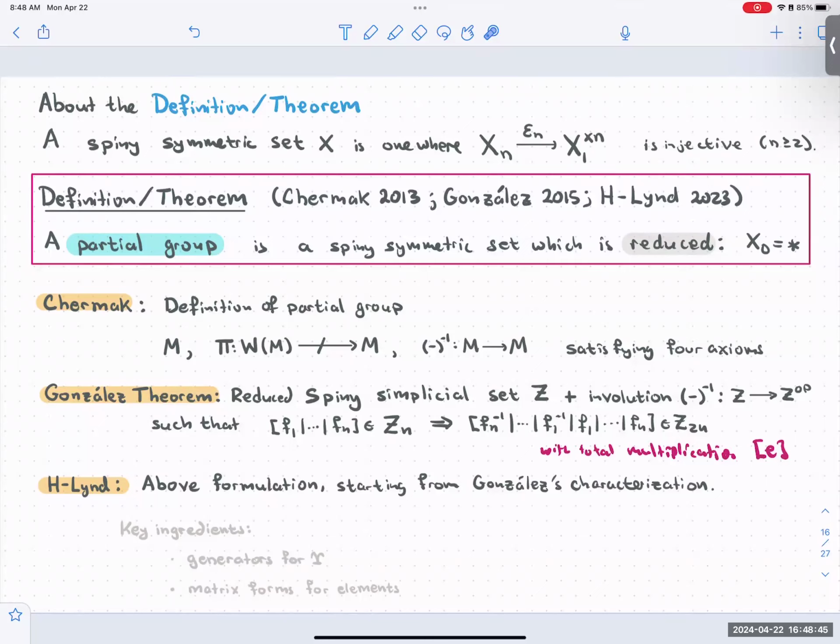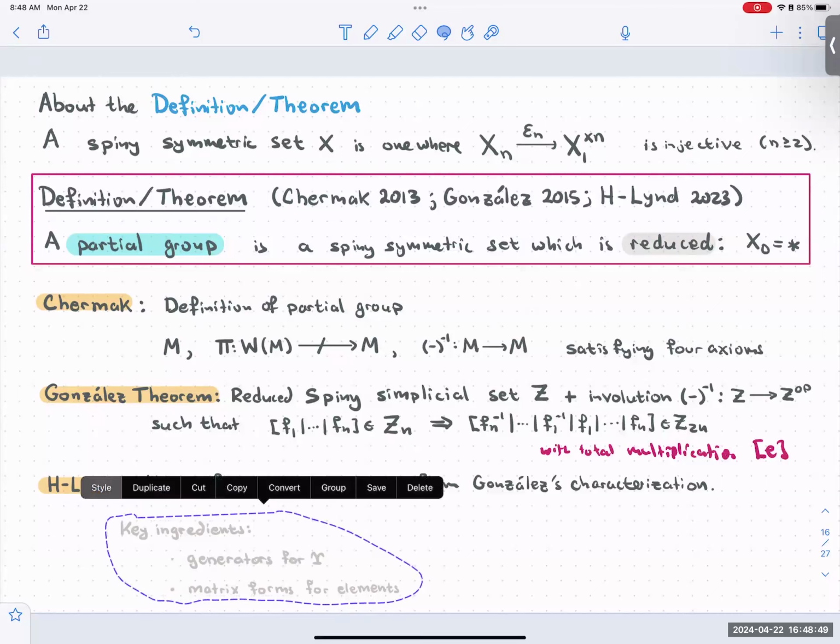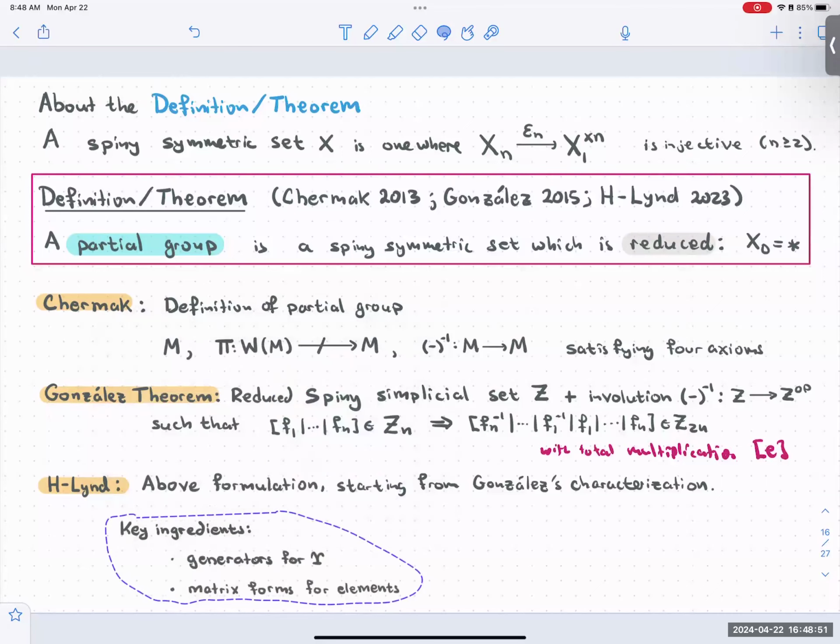And I'm not going to say too much about how this is proved, but the main ingredients are understanding a special set of generators for this category upsilon, as well as getting a sort of matrix for the elements.